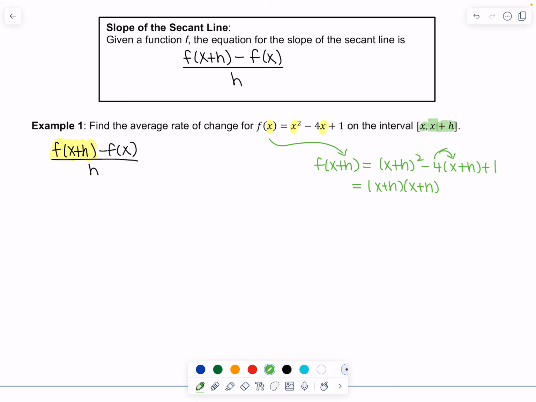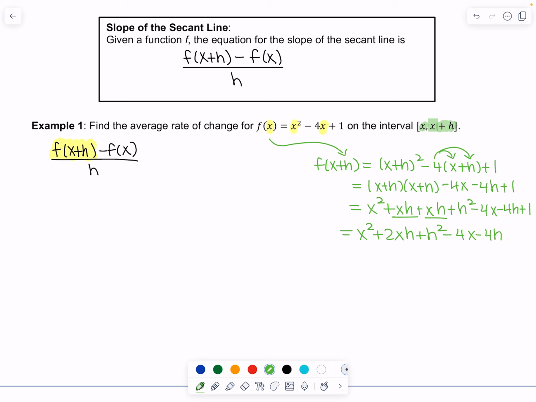I'll distribute this negative 4x minus 4h plus 1, x squared plus xh plus another xh plus h squared. You get a decent amount of terms here. I can combine these two, but that's about it. So I'm going to have f of x plus h is x squared plus 2xh plus h squared minus 4x minus 4h plus 1.